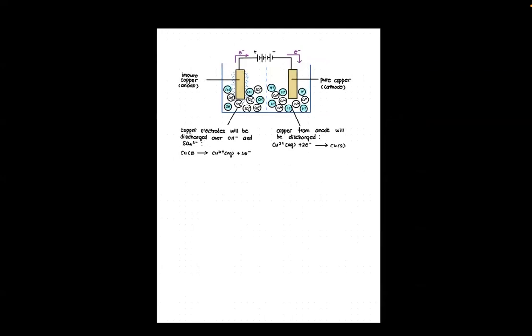So this is also used in other processes. For example, electroplating is kind of the same thing. Under industrial usage, we have something called electroplating where we do the same thing.